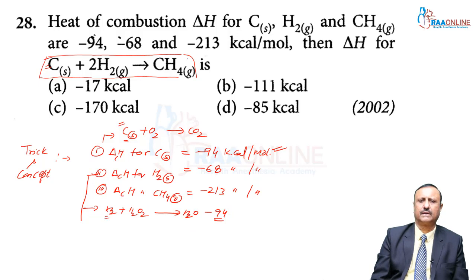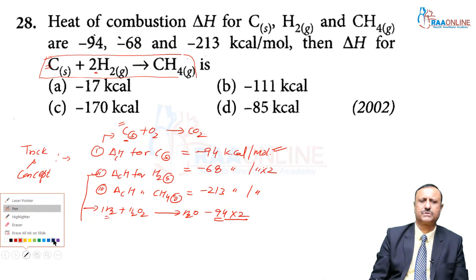Here you have 1 mole of H2 and in the target 2 moles of H2, so you must multiply by 2. When this is multiplied by 2, the heat is also multiplied, and this is present in the reactant. So, my dear students, you add both equations.